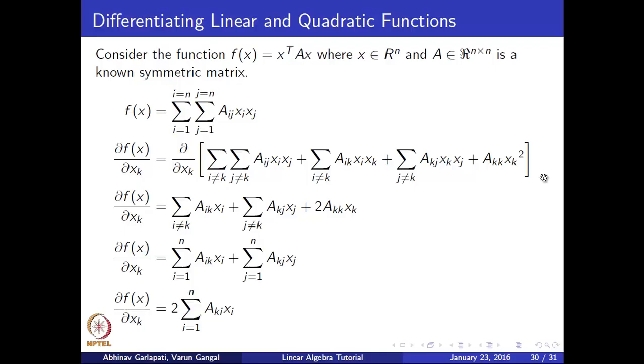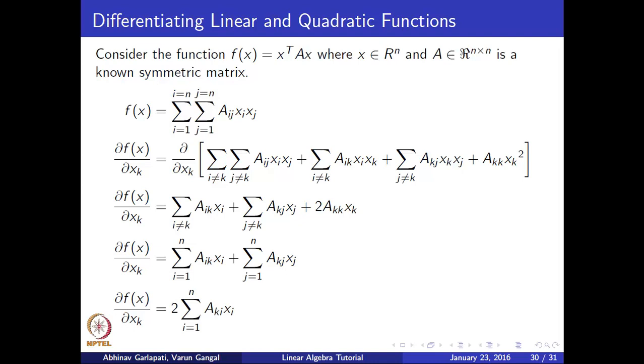We had earlier looked at a type of function called the quadratic form defined for an n cross n matrix A. The quadratic form with respect to matrix A is a function f of x equals x transpose Ax, which takes in an n-dimensional vector x.